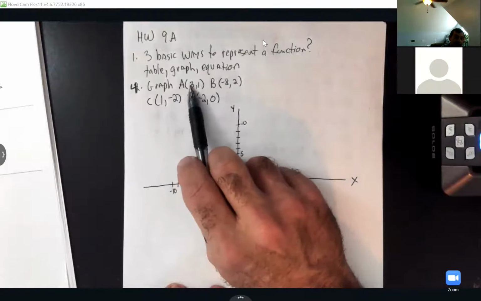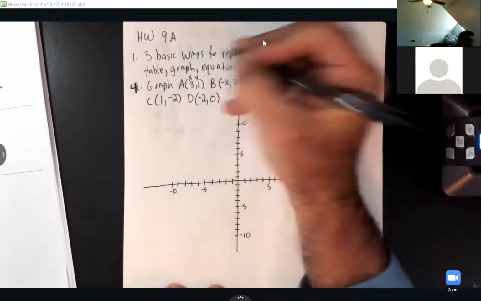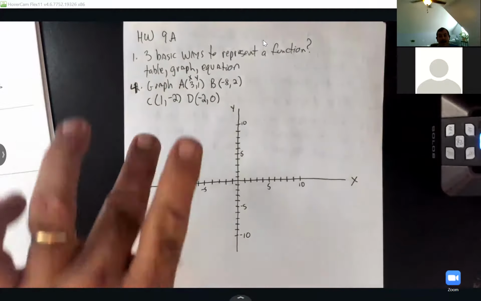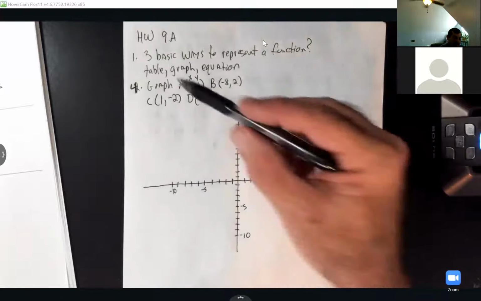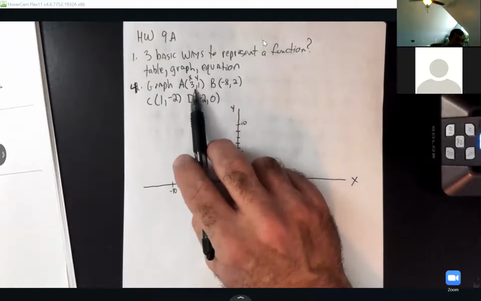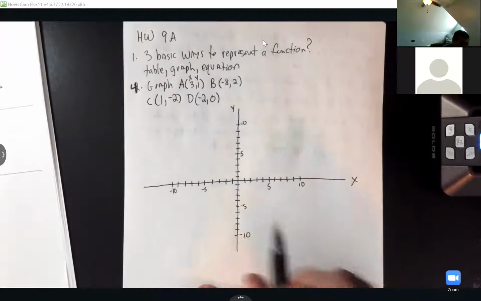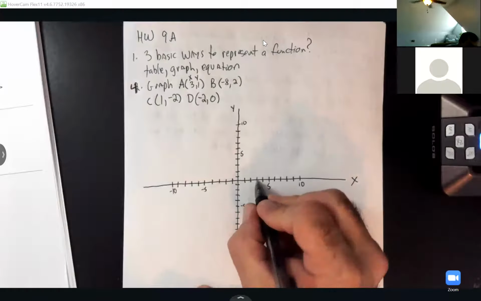So A is 3, 1. So remember, they give you the X first and then the Y value for each of them points. X's can go left and right. The Y values go up or down. So for this point 3, 1, I start in the middle and I go right 3. So 1, 2, 3.